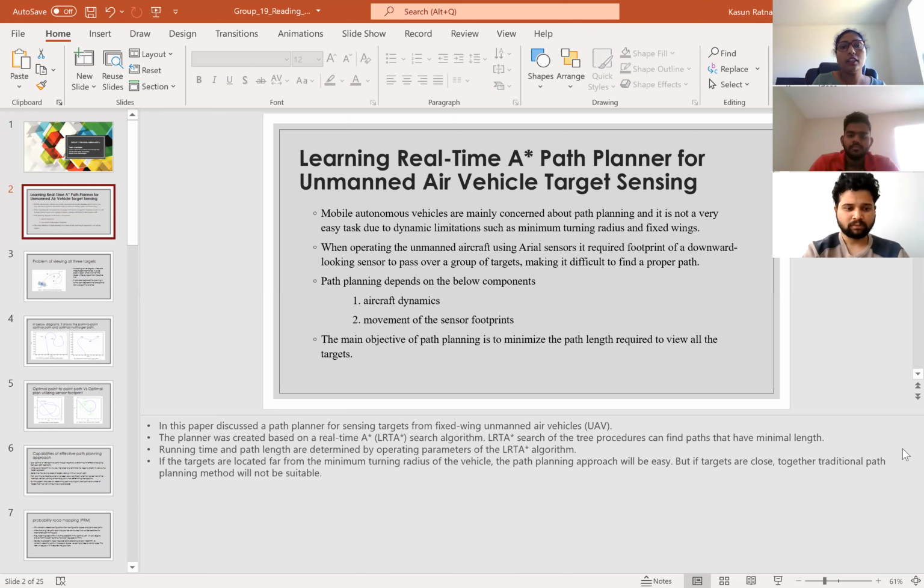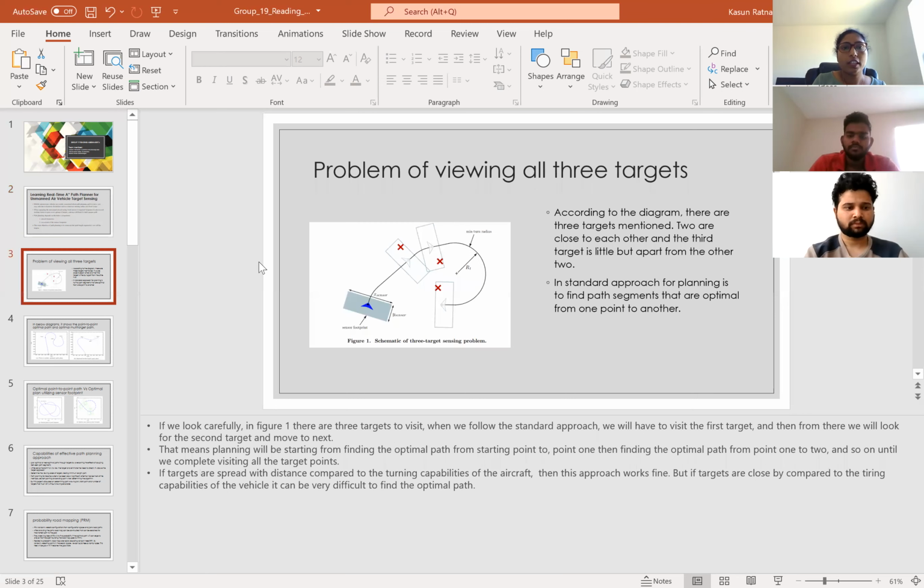So path planning usually depends on two components, which are aircraft dynamics and the movement of the sensor footprints. The main objective of path planning is to optimize a path with the lowest length and the lowest cost to reach the target. So let's take an example from the research paper.